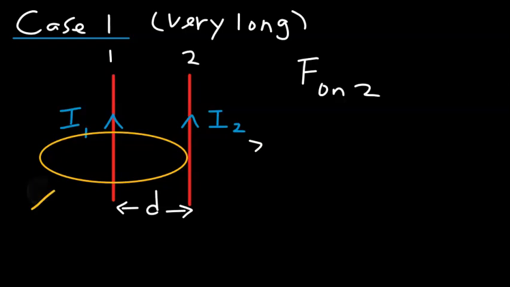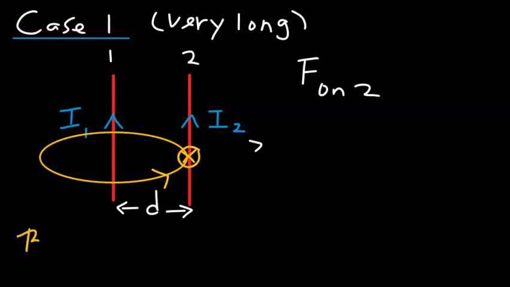The circle in yellow shows the magnetic field produced by current I1. The direction of current I1, namely upward, shows the direction of the magnetic field would be like that. This follows directly from the right-hand rule that we have discussed before. At the location of conductor 2, the direction of the magnetic field produced by current I1 would be going into the board, like that.